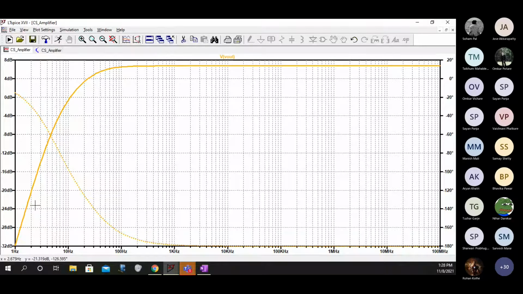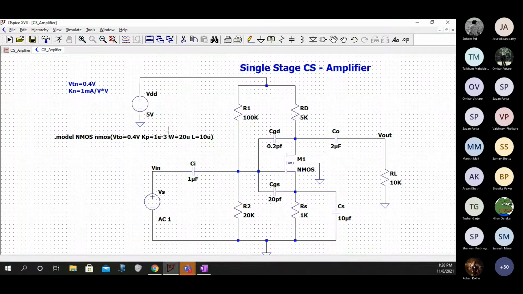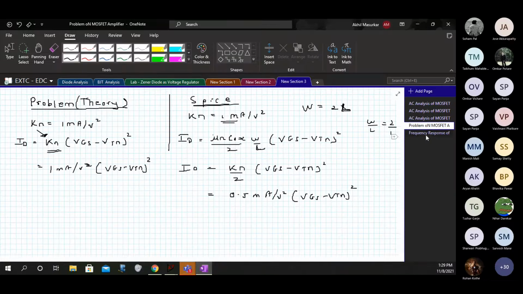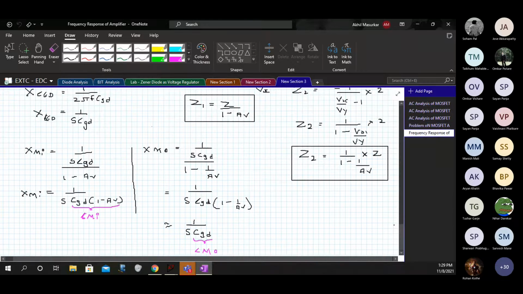So basically if you don't have anything, then you get this response, but this is like a complete capacitance model of the amplifier. Ci, C0 and Cs, like I told you, affect the low frequency response.